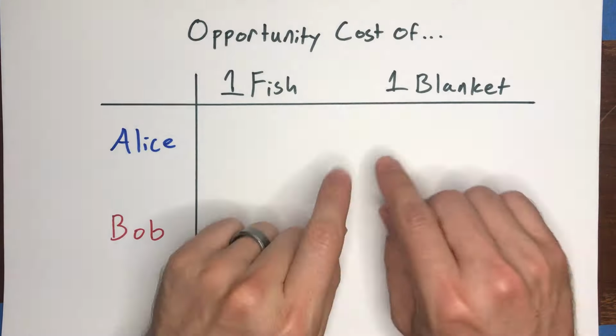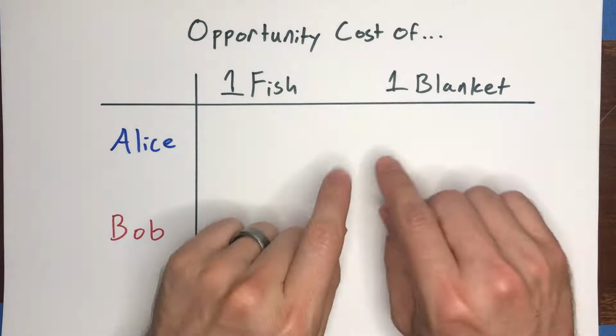And we can think about what is the opportunity cost of every fish that each of these 2 people produces or catches. Well, the opportunity cost of the fish that you catch is going to be the blankets that you could have been weaving instead. And the opportunity cost of the blankets that you weave are going to be the fish that you could have caught in the same amount of time.